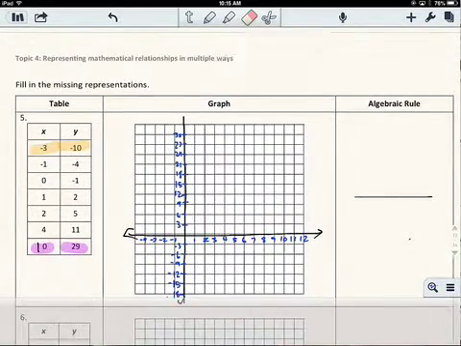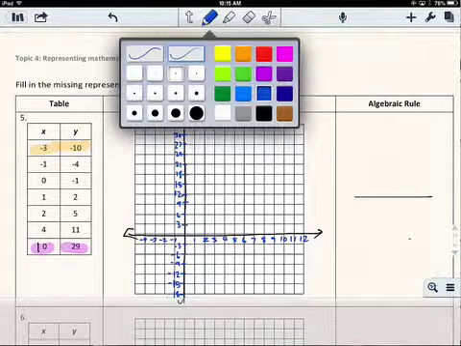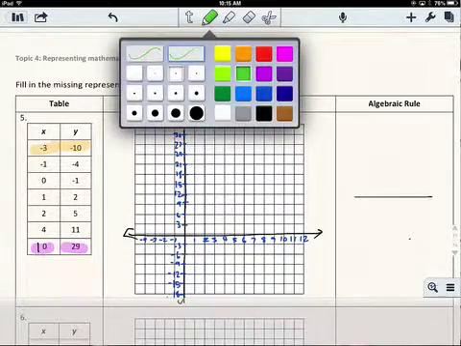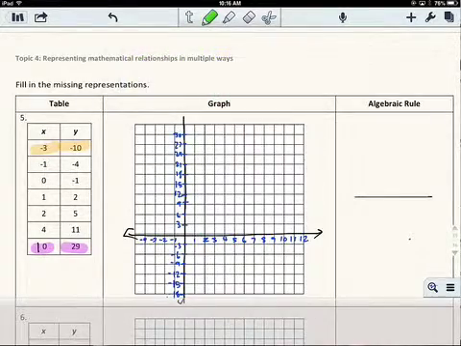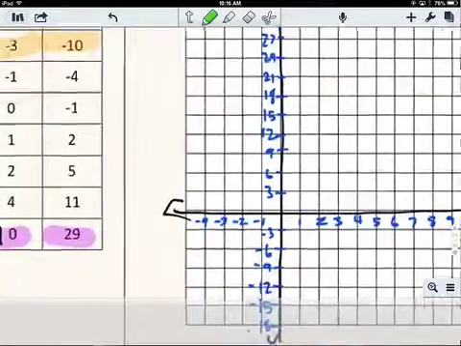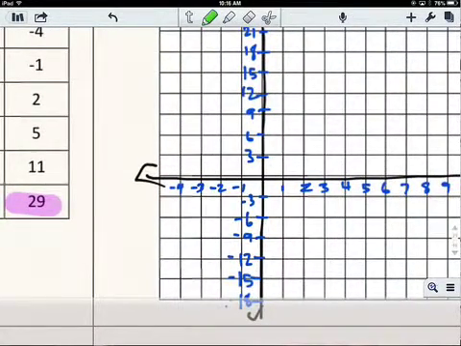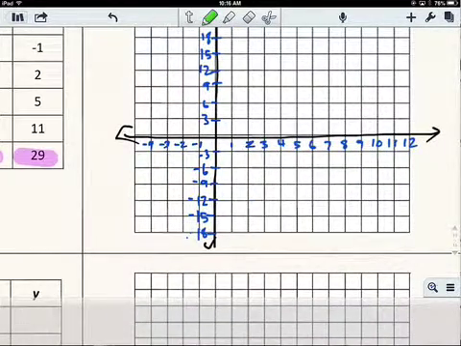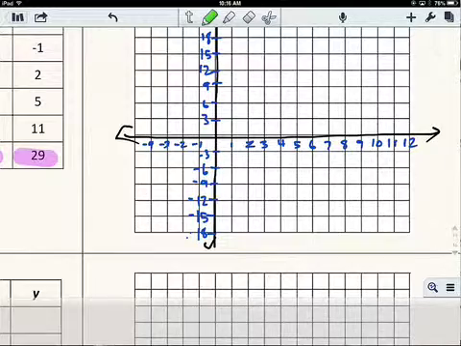Okay, so let's go ahead and plot the points. I'll plot the points, let's do this green color, why not? And I'll make my dots about that big. So -3, -10, so I'm going to go left to -3 from the origin on the x-axis, and then I'm going to go down to -10. -10 is 1 past -9, so it's going to be right about there.